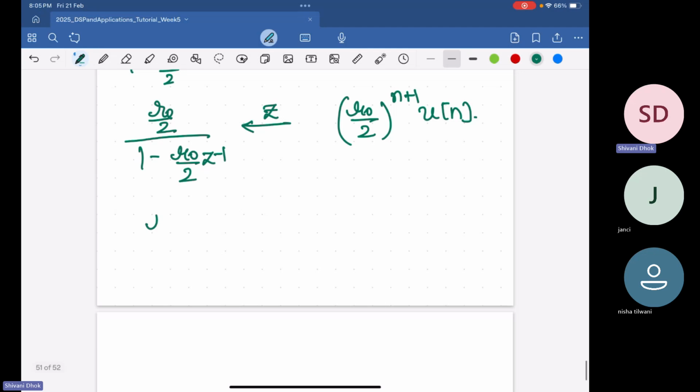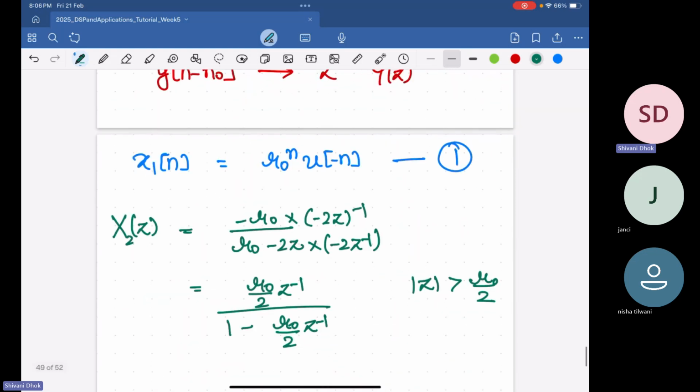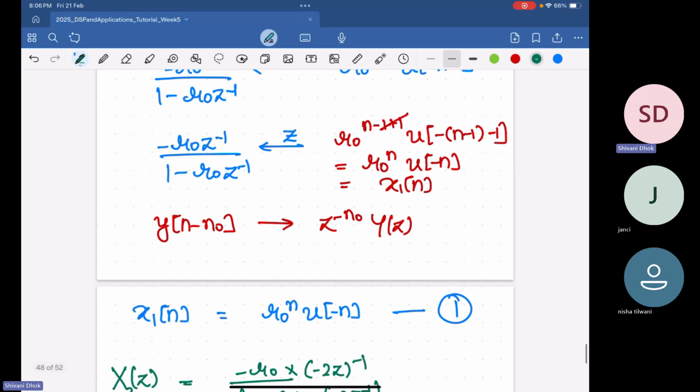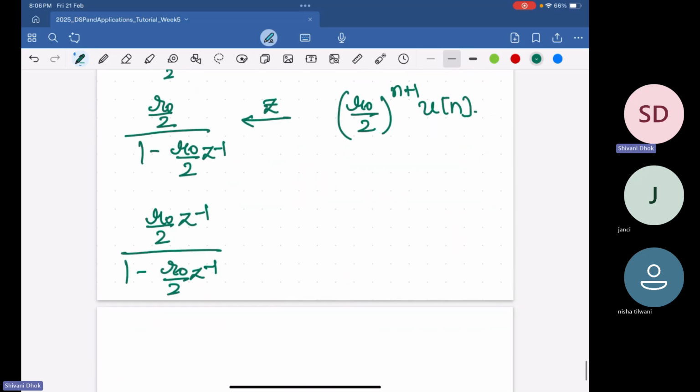And now again we have z inverse getting multiplied, same thing what we did here. So we'll use the time shifting property. We'll shift in time domain by n naught, and here n naught is equal to 1 because we have z inverse.